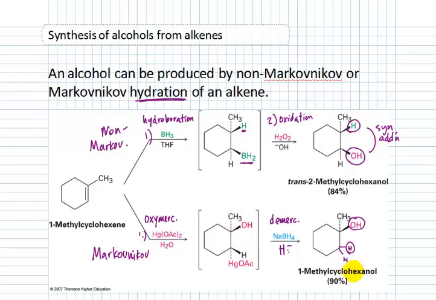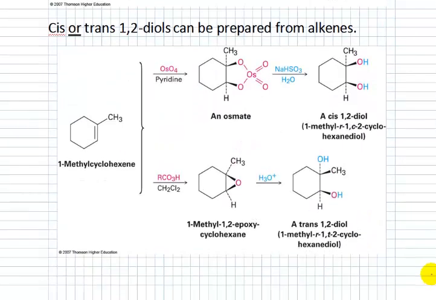But stereochemistry is not important in oxymercuration, demercuration, because the H is added to the carbon that already had an H, so that's not a stereocenter. The stereochemistry is important in hydroboration because the H and the OH that we add end up on the same face. So that in turn determines the relationship of the OH you added with the R group that was already on that other carbon. So make sure you're able to understand that.